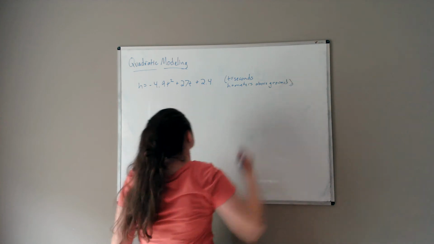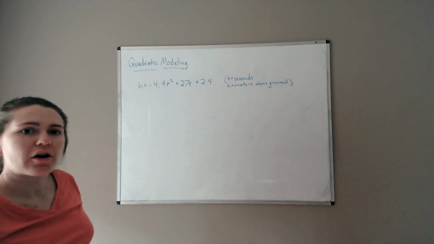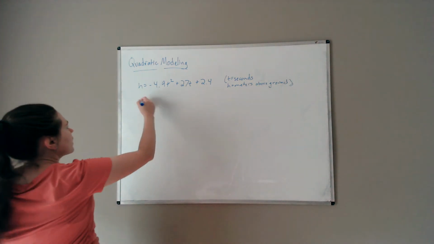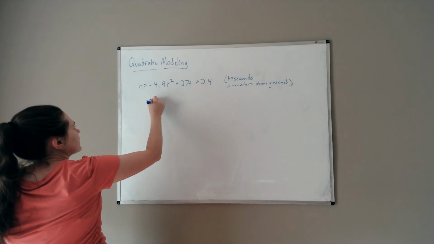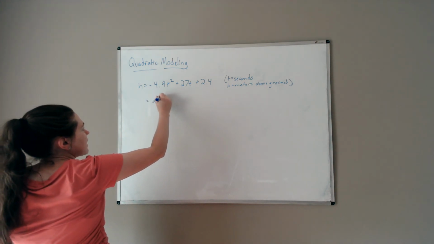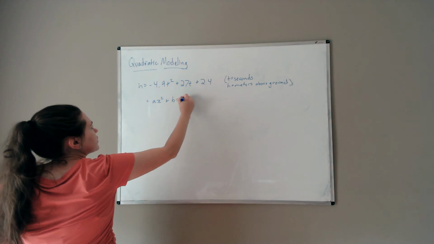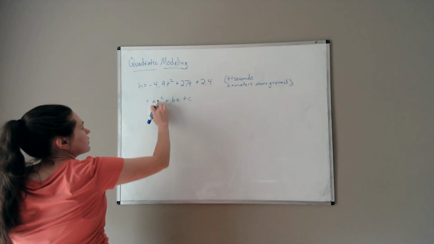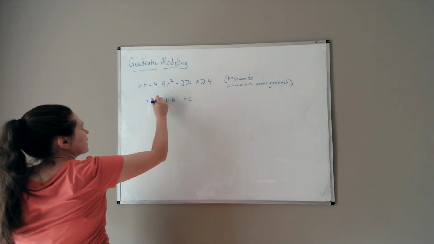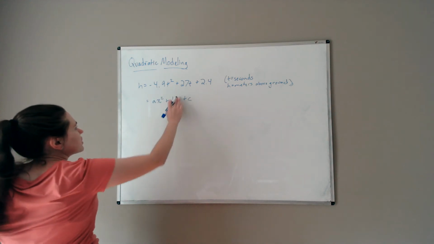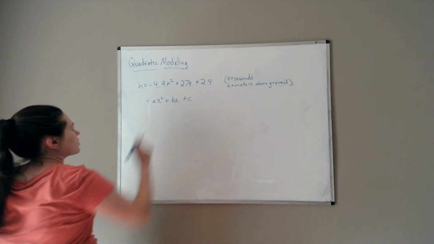Now, this is an example of what's called a vertical motion model. When you have a vertical motion model, you have something that looks like this: ax squared plus bx plus c. These are usually t because they're talking about time, but I'm going to just keep them as x's so that you don't get confused with the plus signs.